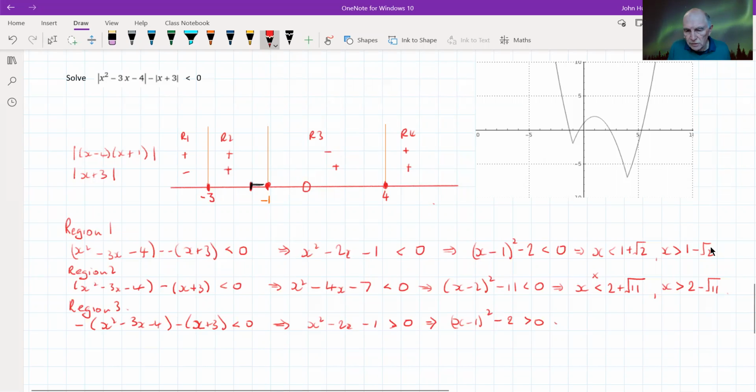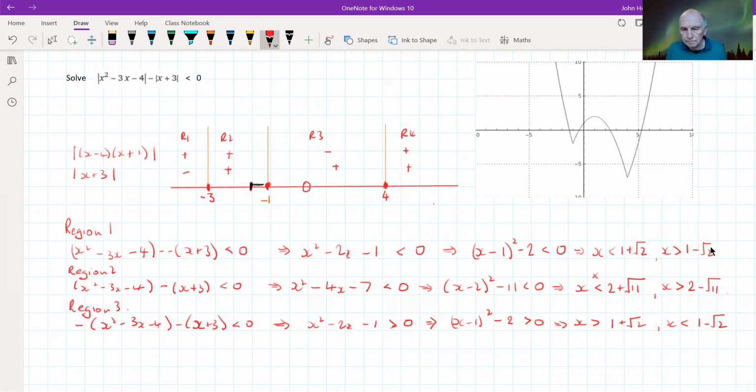And that's going to give rise to solutions x is greater than 1 plus root 2. And then, of course, with the negative roots, we're looking at changing the sign to x is less than 1 minus root 2.